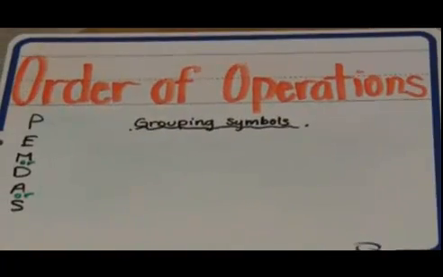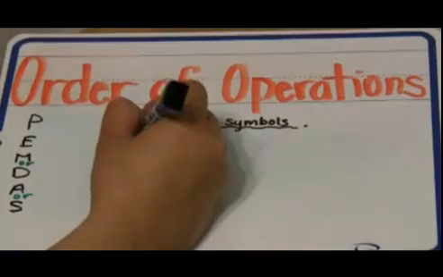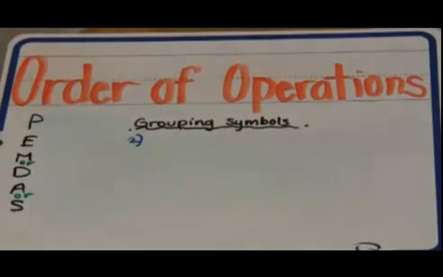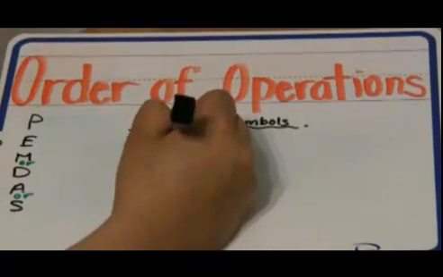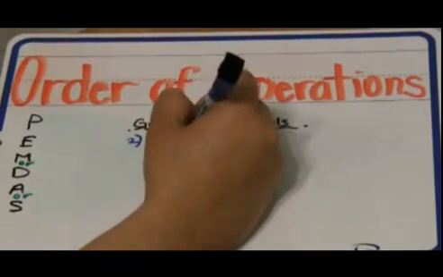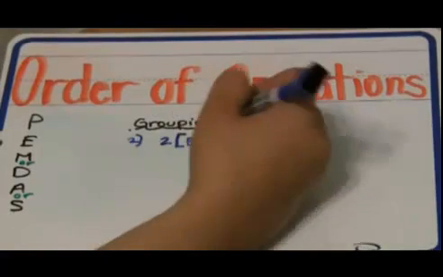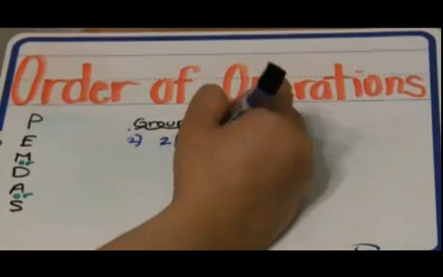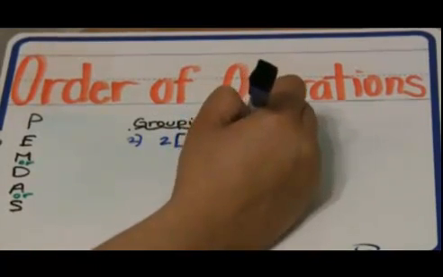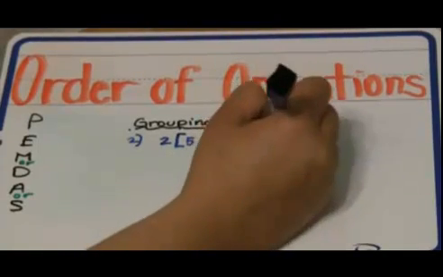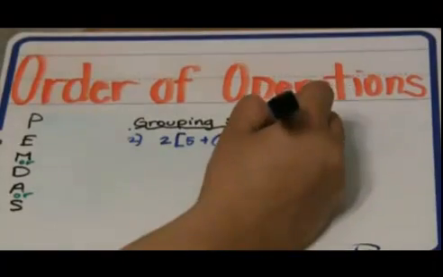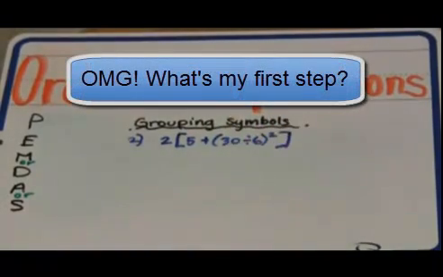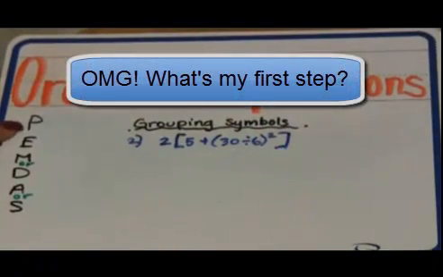We now have example number 2, and now things are going to get a little bit more complicated. We have 2, or bracket, 5 plus, I have parentheses, 30 divided by 6, close parentheses, squared, and then I close my bracket. So following my order of operations, it's parentheses and brackets.